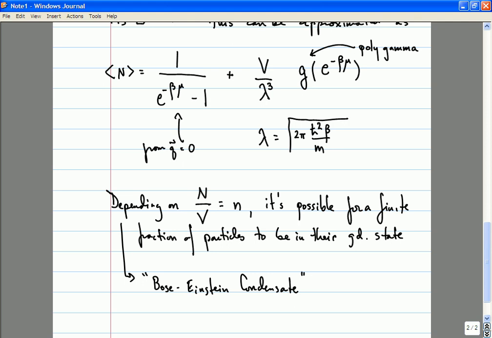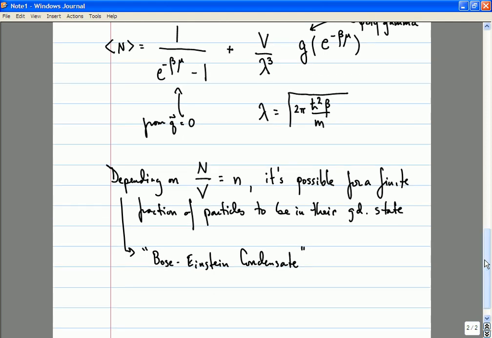So, for example, in superfluid liquid helium, the dynamics of that fluid at low temperature is described by a Bose-Einstein condensate. And indeed, given the expression that I've written down above, you can actually figure out, at least in some approximations, exactly at which temperature a Bose-Einstein condensate will occur.